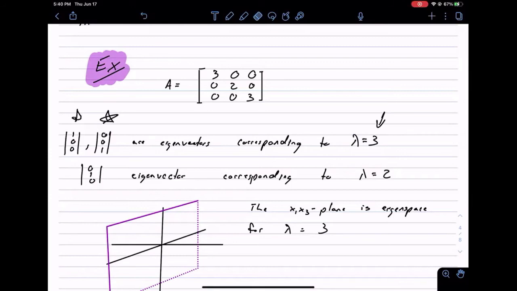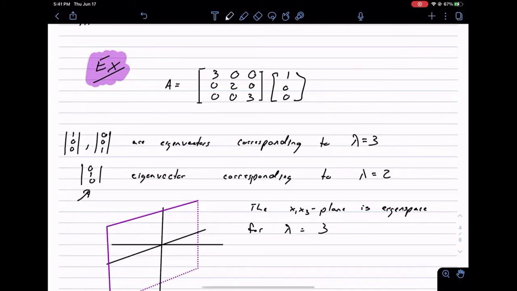So in other words, if I multiply this matrix by either of those vectors, what do I get? I get the same vector multiplied by 3. You can check all these statements on your own. So these are eigenvectors corresponding to 3. On the other hand, this is the eigenvector corresponding to 2.